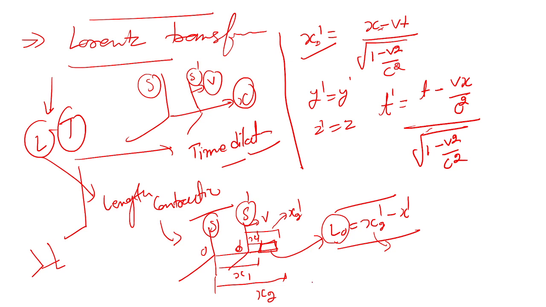Length contraction means this will be like this, with the factor square root of 1 minus v square over c square in the multiplication. You can easily get this by applying the Lorentz transformation; it is not that tough. And what about the time dilation?